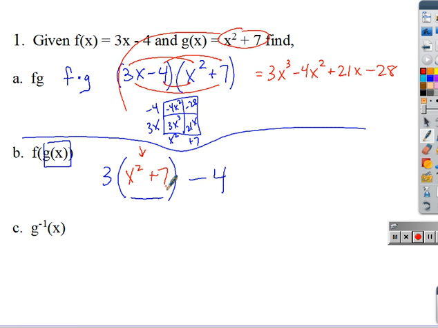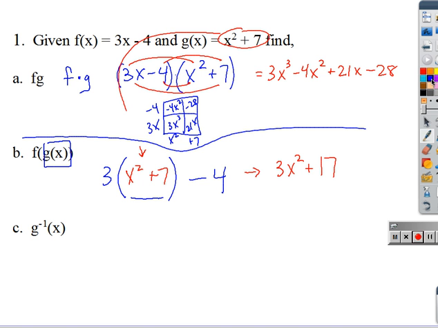And then I simplify the best that I can to get my final response, which ends up being 3x squared plus 21, but then minus 4 will end up giving me 17 as my best answer.